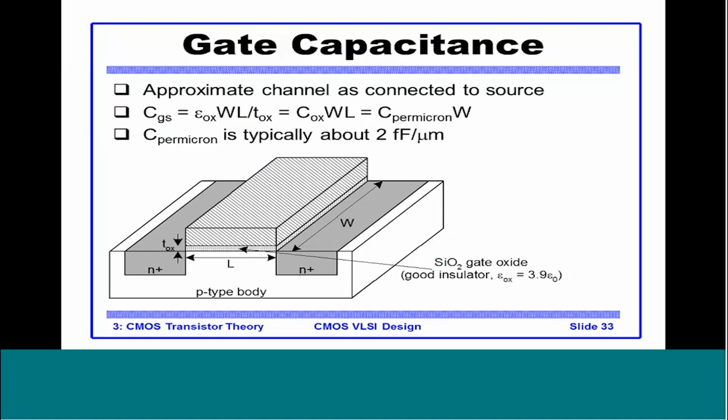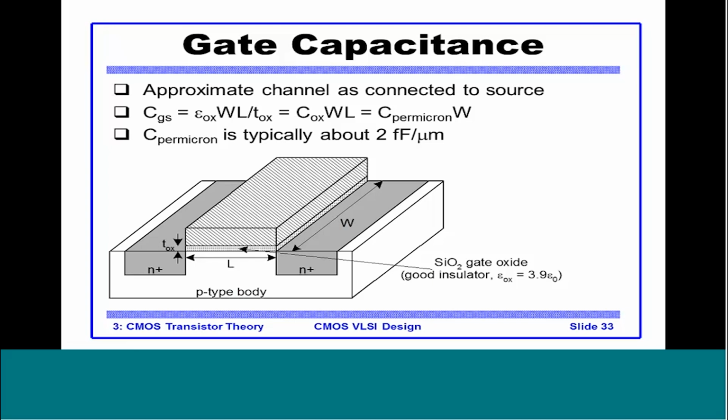Just to review, we saw that CGS is epsilon OX WL by TOX. Here the equation is rearranged to define a parameter called C per micron, that is capacitance per micron of the MOS transistor.